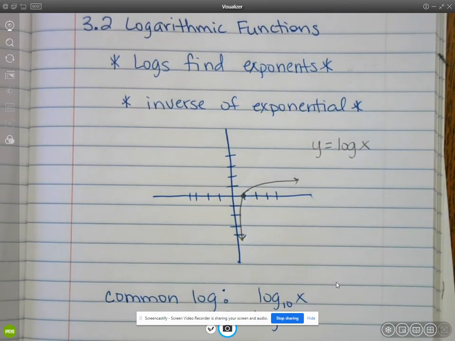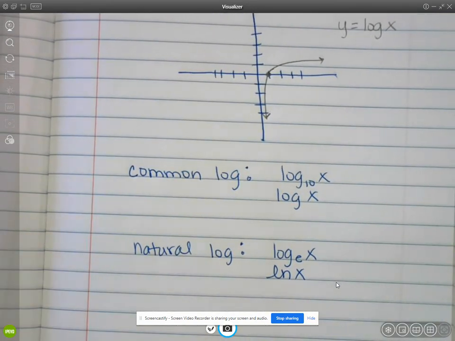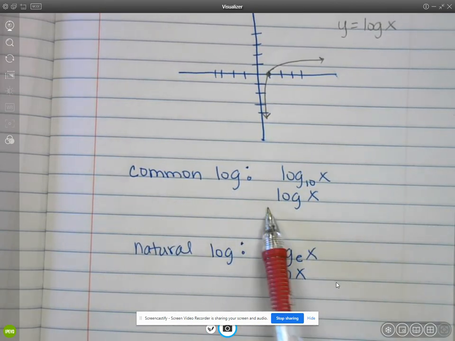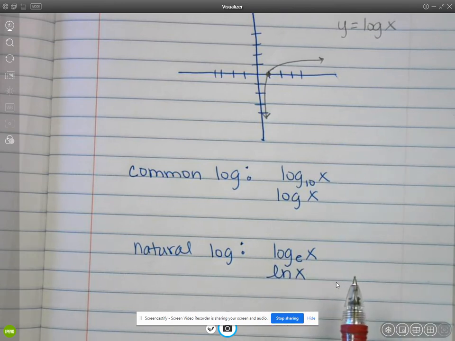All right, a couple other things to remember is that there are 2 special logs, and they're the ones that your calculator actually has a specific button for. If we're going to do log base 10, that's called the common log, and we don't write the base. We just write log. If we do a natural log, log base e, e is the natural number, and we'll discuss what that is tomorrow because we didn't get to that in class today.